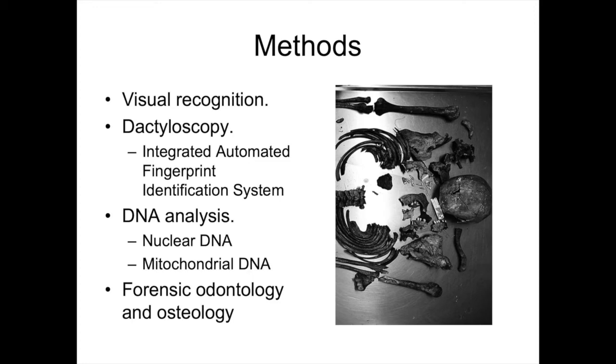Fingerprinting is another important process when it comes to positive identification. Dactyloscopy is the practice of using fingerprints to identify an individual. Now, fingerprinting today is part of a much larger area of study and research having to do with biometric patterns.